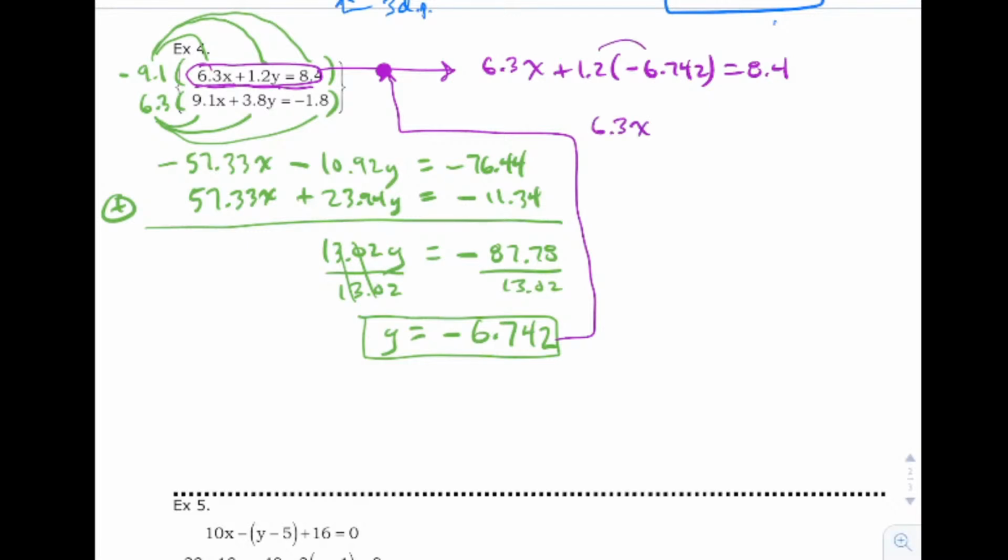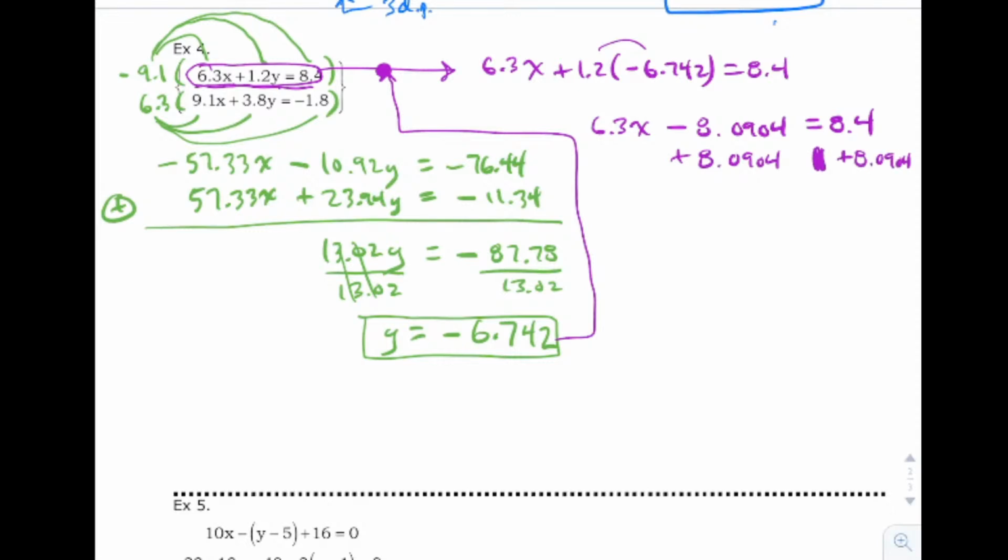When you multiply these two things, you're going to get a negative something. 1.2 times 6.742. Boom. This is giving me an 8.0904. Notice I don't round off when I'm in the middle of a calculation. When I'm in the middle of a calculation, I like to carry all these juicy decimal places because I know that my answer will come out better if I do that.